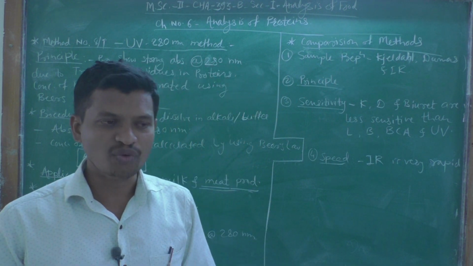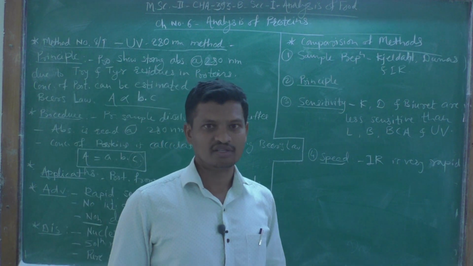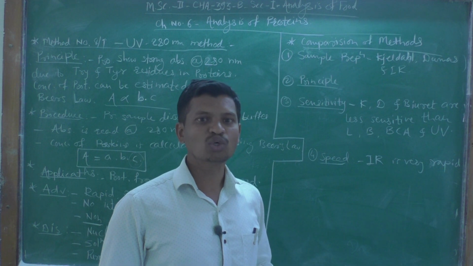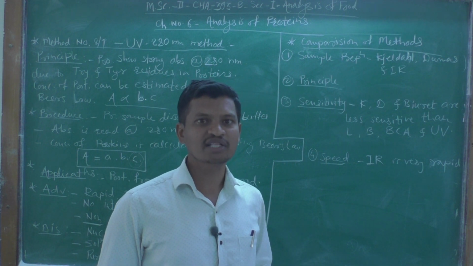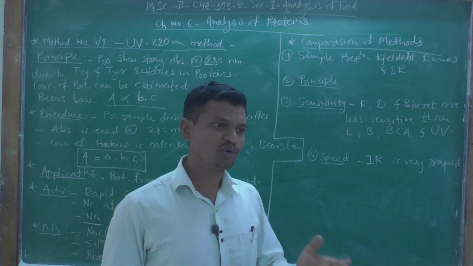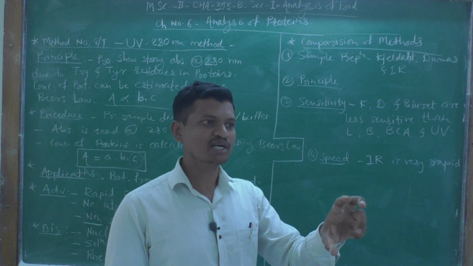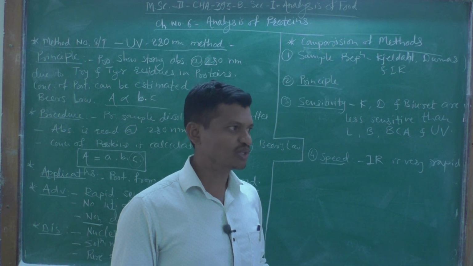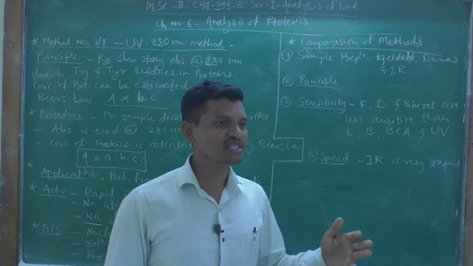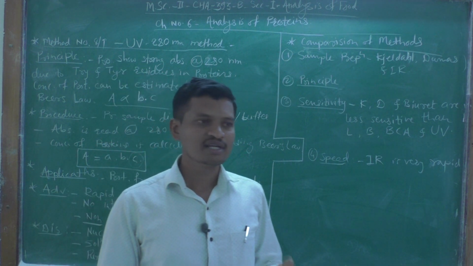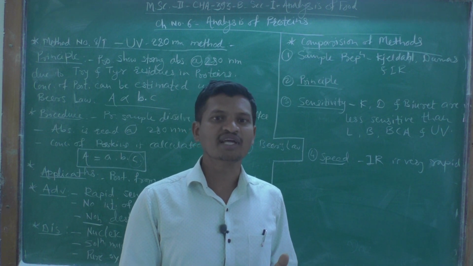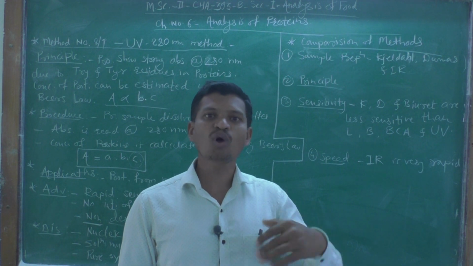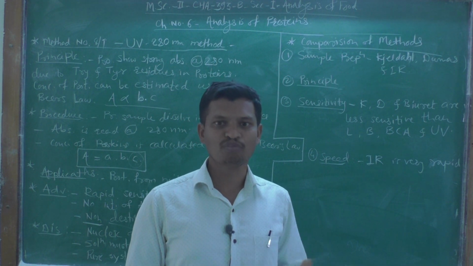Then the principle. From the principle point of view, the Kjeldahl and Dumas methods are estimating the total nitrogen content, and then we have to correlate that total nitrogen content with the total protein content present in the sample. But we know that Dumas is a combustion method, and hence it gives results related to the proteinous and non-proteinous part of the food sample.